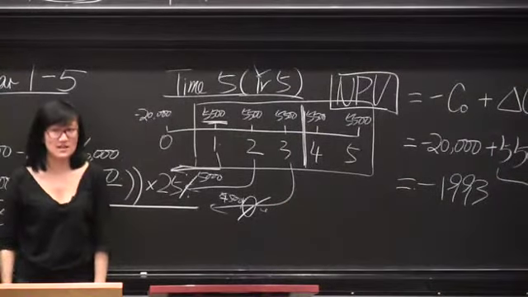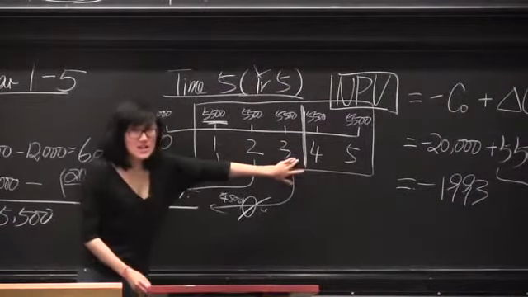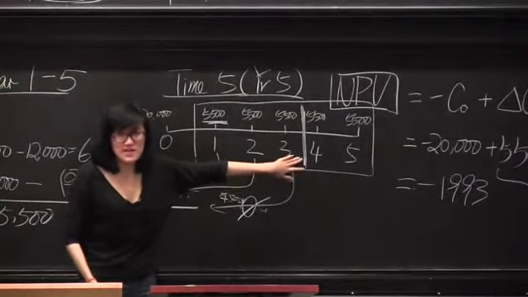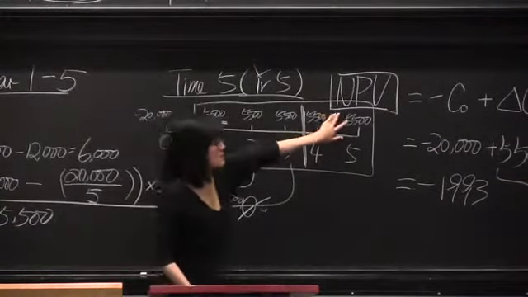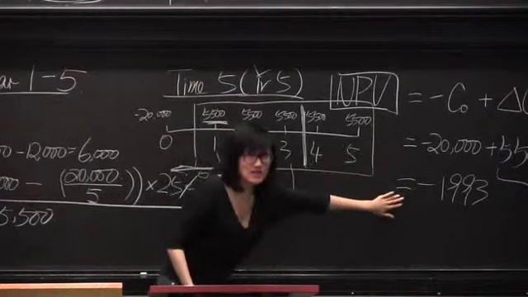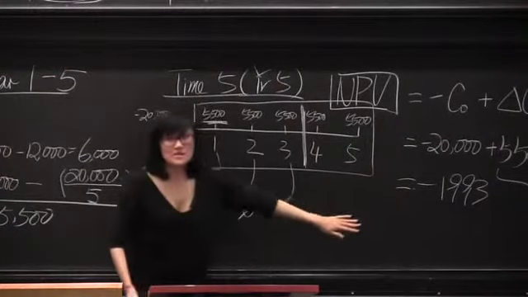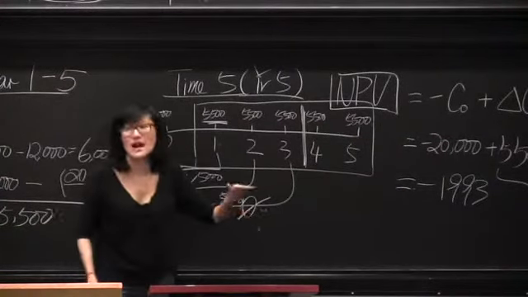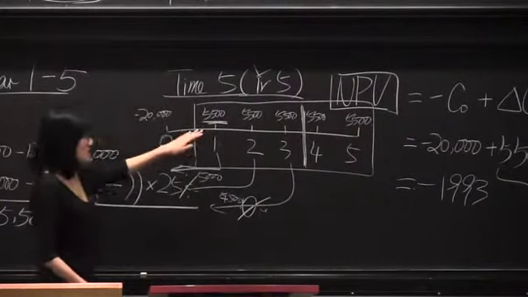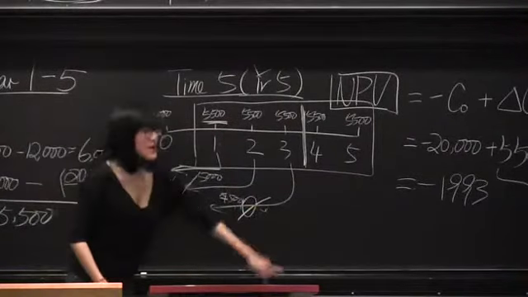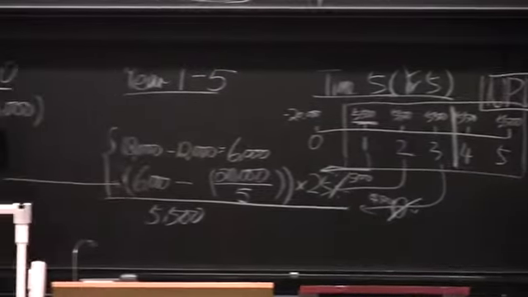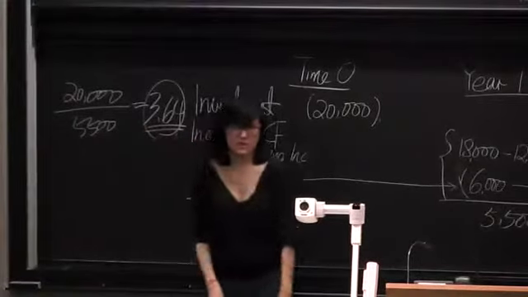Does that make sense? But we know this doesn't make sense because according to the NPV analysis, it's negative. So if we take into consideration the time value of money, this is not a good project. It's negative. If we ignore time value of money, this is of course a good project.